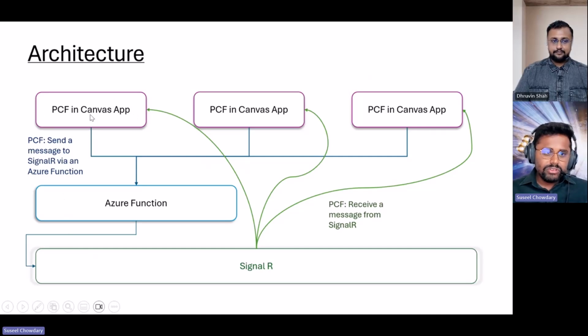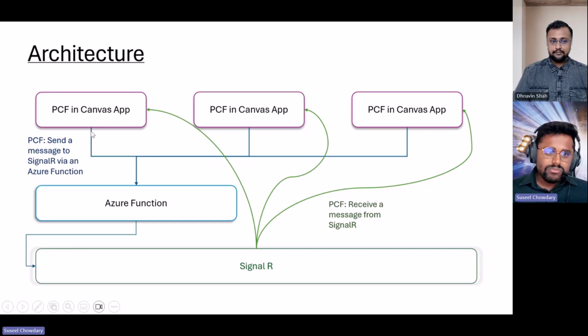So for example, if the first PCF in a Canvas app, let's say 1, 2, 3, sends a message called sushi through the Azure function, the second and the third, even the first one, will all be listening to those SignalR messages, and they will each receive sushi. That's how the real-time communication happens.